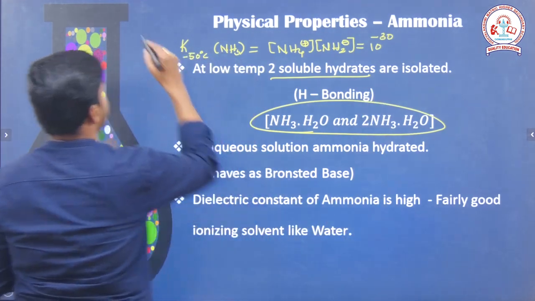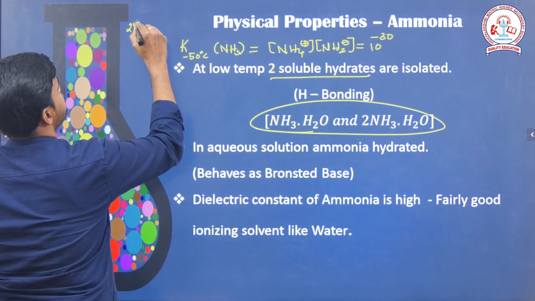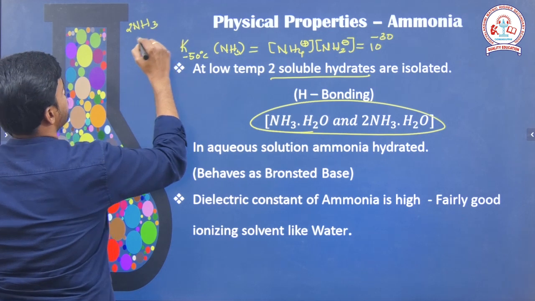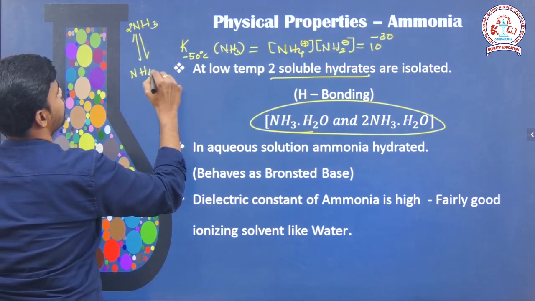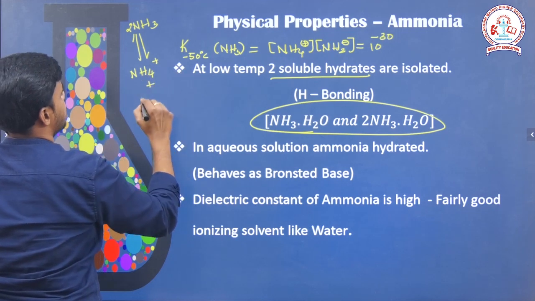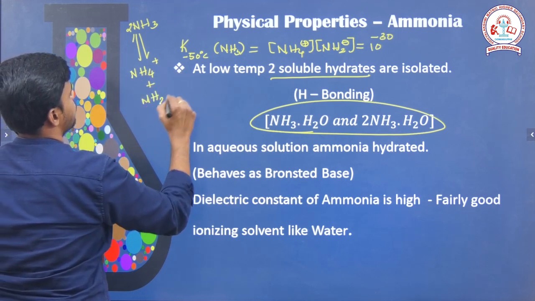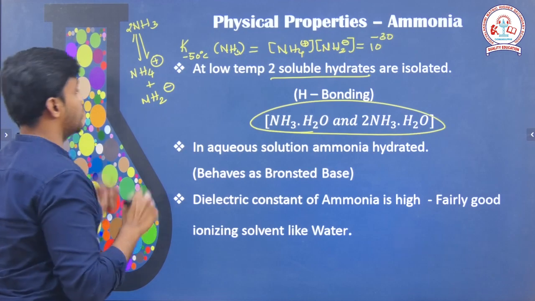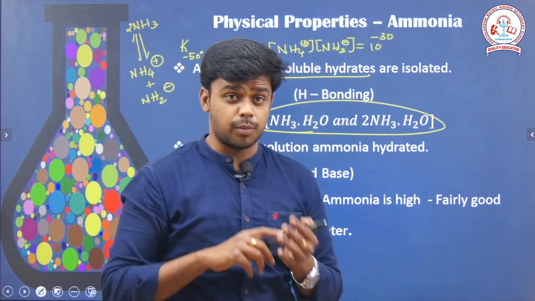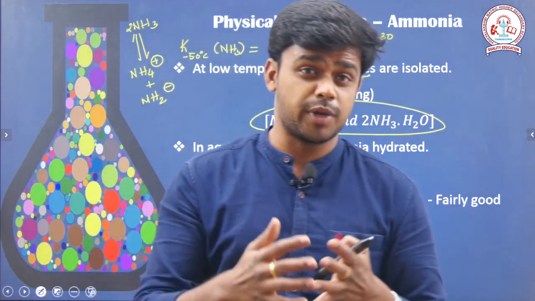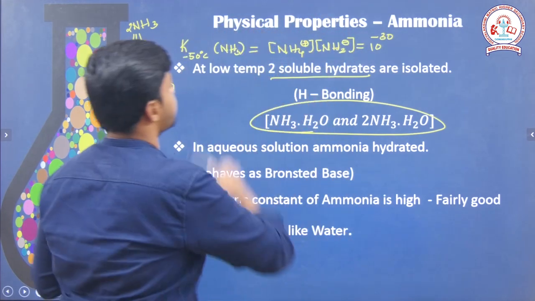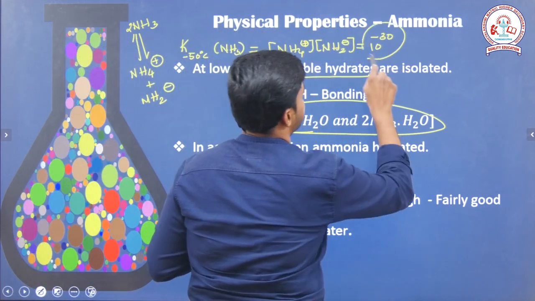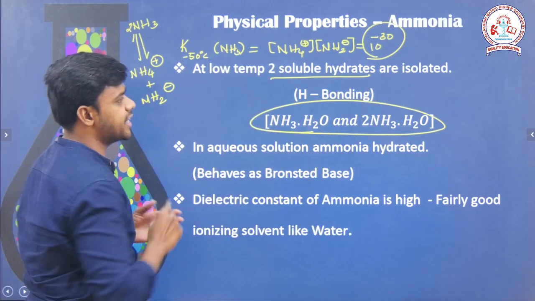Adavadhu this can be written from 2NH3, which can be split up into NH4 plus and NH2 minus. So ஒரு ரெண்டு molecule of ammonia எடுத்துக்கிட்டோம் அப்படின்னா எப்படி ஈக்லிபிரியம்ல இருக்கும் அப்படின்னா NH4 plus ஆ இருக்கும், NH2 minus ஆ இருக்கும். அதனோட ஈக்லிபிரியம் கான்ஸ்டன்ட் மெஷர் பண்ணும்போது which is equals to 10 power minus 30 at minus 50 degrees Celsius.